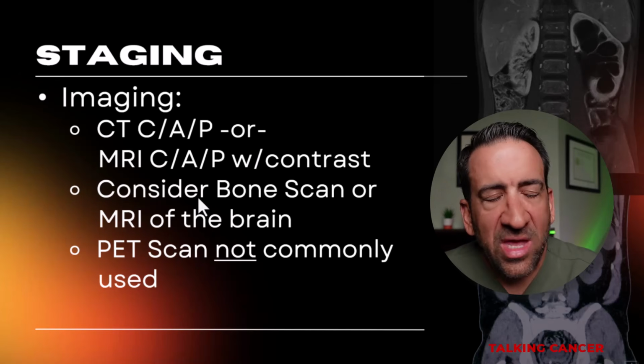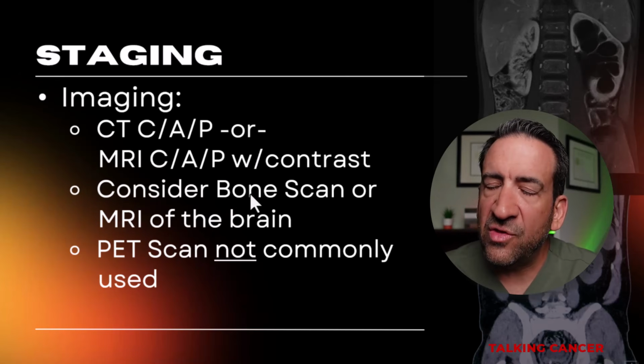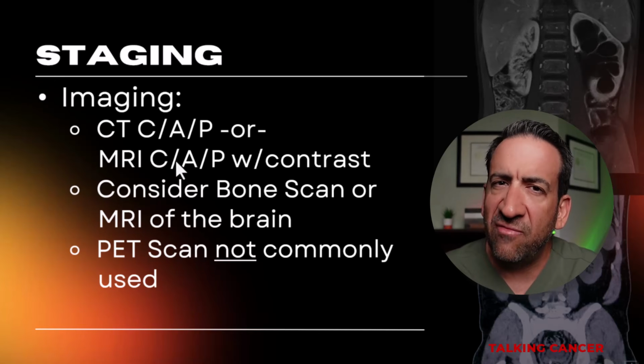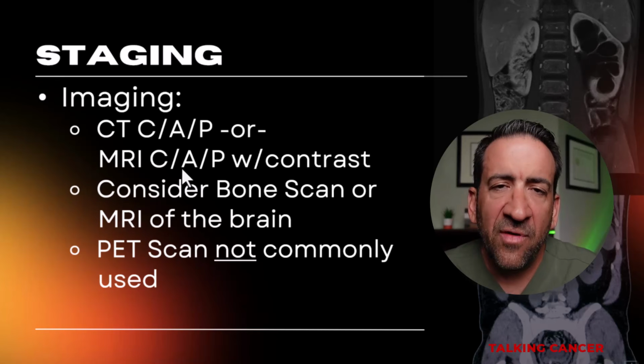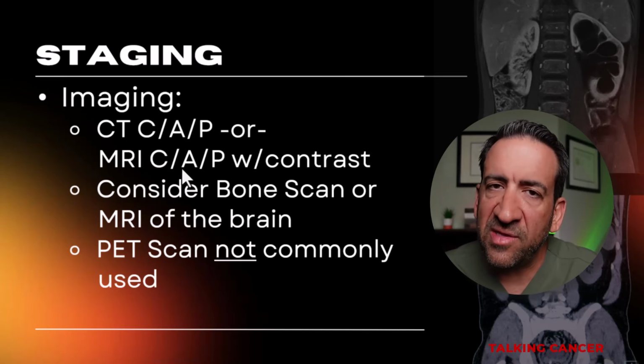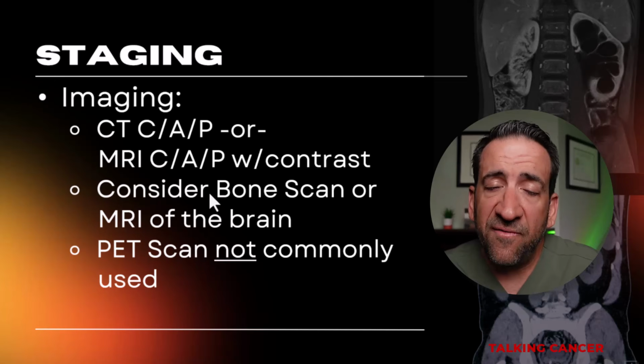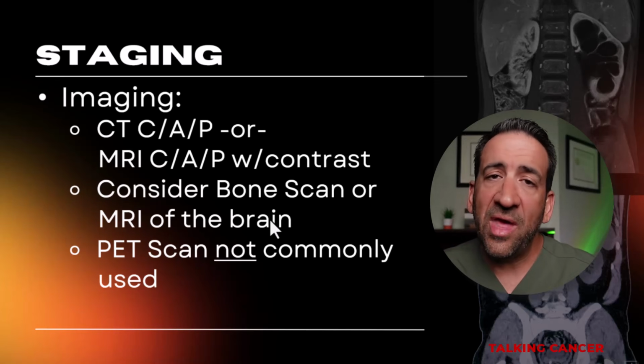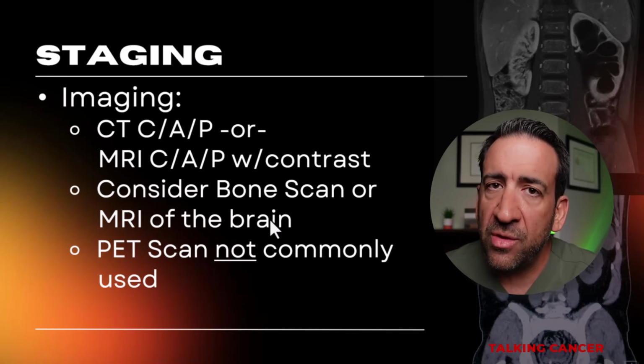The other test that we can consider is a bone scan. So if for whatever reason, let's say a CT scan or an MRI is inconclusive and we think you may have or suspect you may have bone metastasis, then we may perform a bone scan. Another test is an MRI of the brain because if you remember, we told you that kidney cancer can travel to the brain.